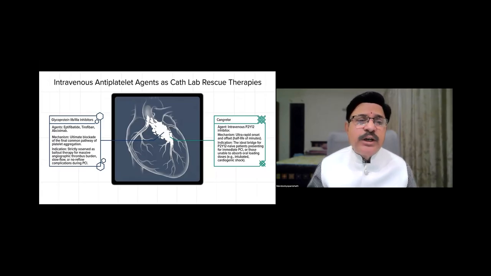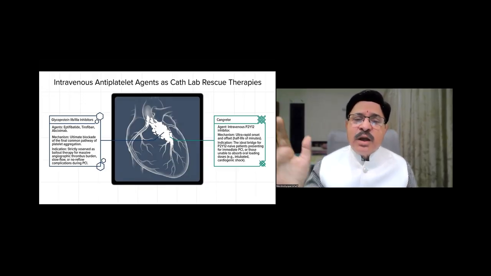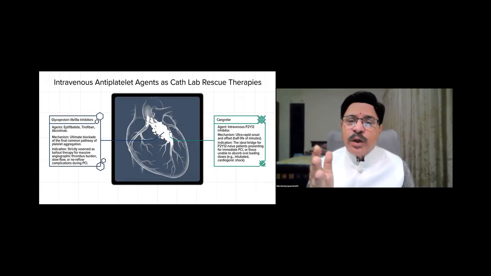To which patient do I use them? This is the ultimate blockade of the final common pathway. Not everybody is required to take a 2B3A inhibitor. Strictly reserved as bailout therapy for massive angiographic thrombosis. If you do an angiography and a massive thrombus is there, and already you have used aspirin and a P2Y12 inhibitor like clopidogrel or prasugrel or ticagrelor.